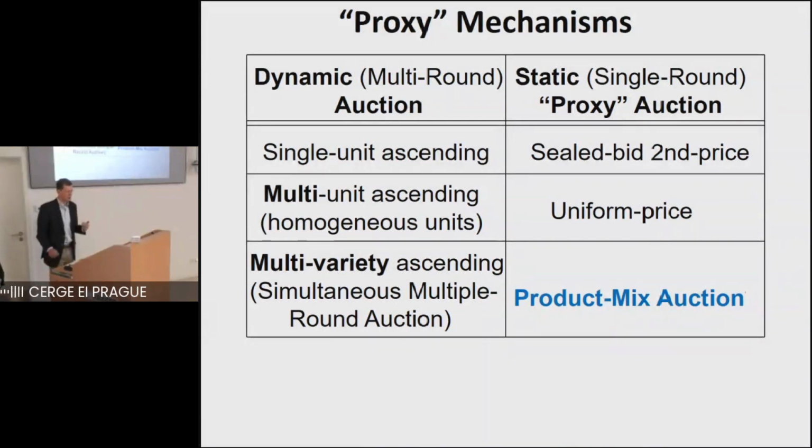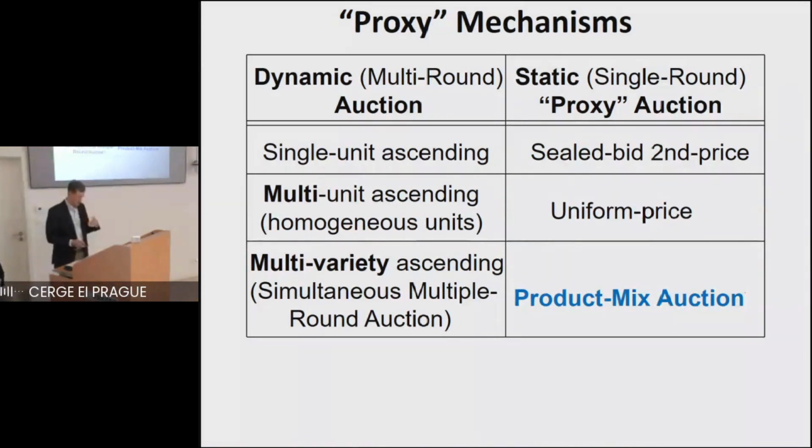And then under natural conditions, I simply plug in the preferences to a computer which will bid the same way as people would bid in a simultaneous multiple round auction if they were bidding according to Nash equilibrium behavior. The computer will generate the outcome that a product mix auction would generate. So this can be seen as the proxy version of a simultaneous multiple round auction.